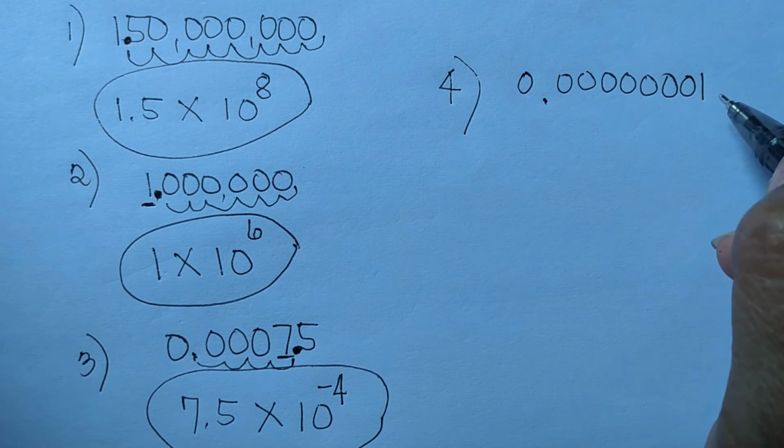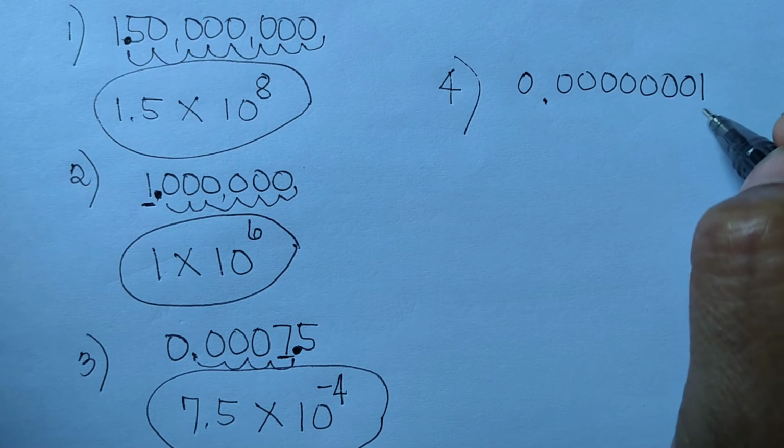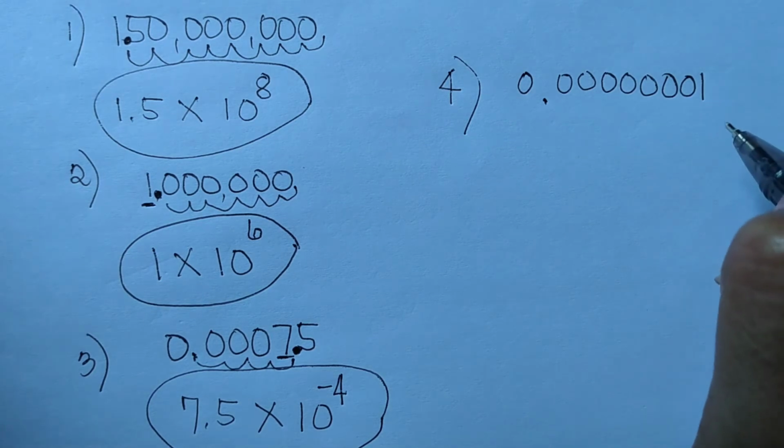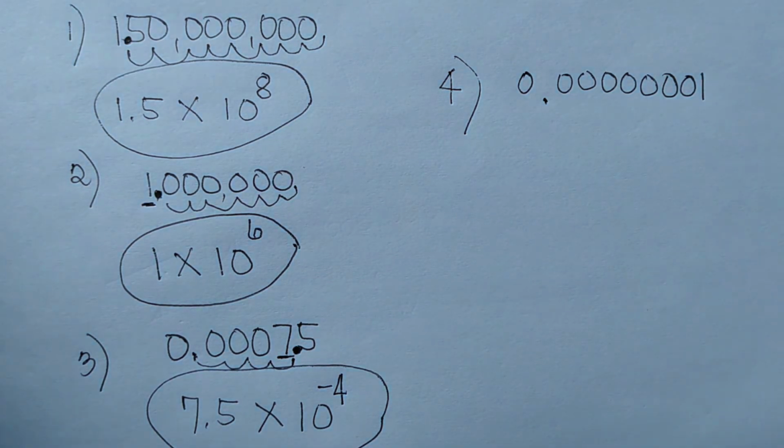This is actually read as 100 millionths already. A very small number. 100 millionths is the diameter of a hydrogen atom in centimeters. So that is very small.